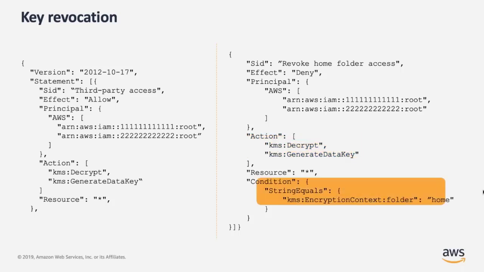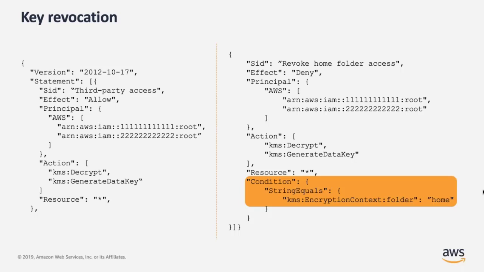Resource is the same, but here is a new field. We've got condition. So here we're comparing an encryption context key value pair. We've got folder home as this example. The encryption context is a set of key value pairs. It's data that you're free, as the person creating the data key, to enter really whatever you want.